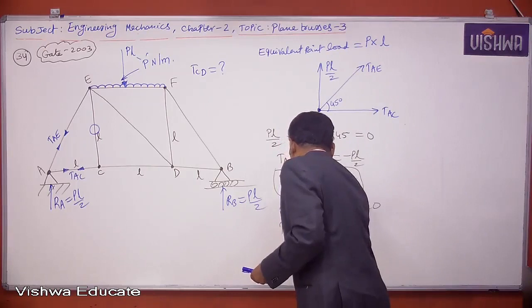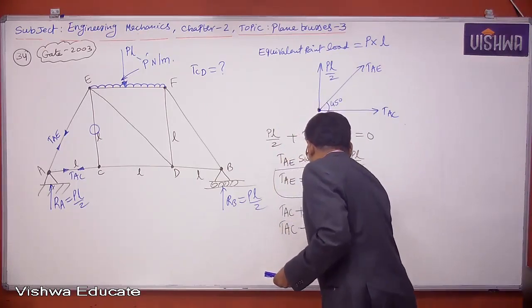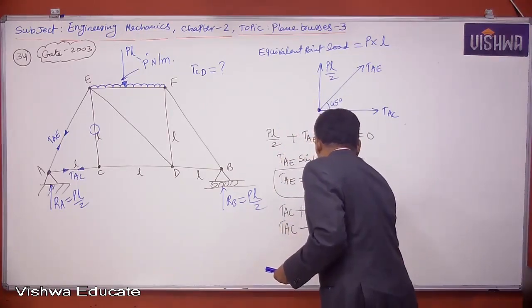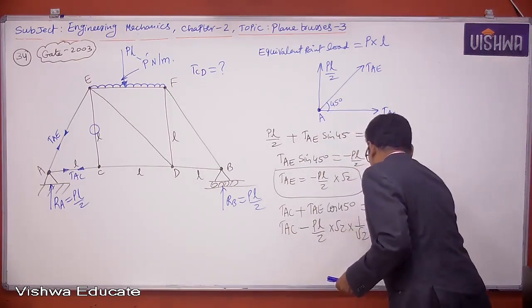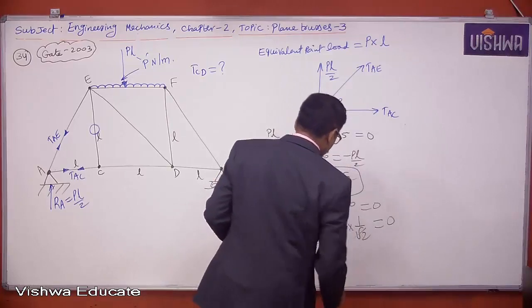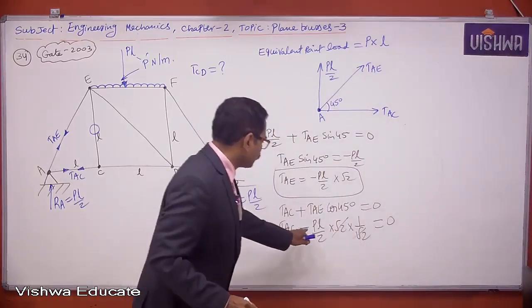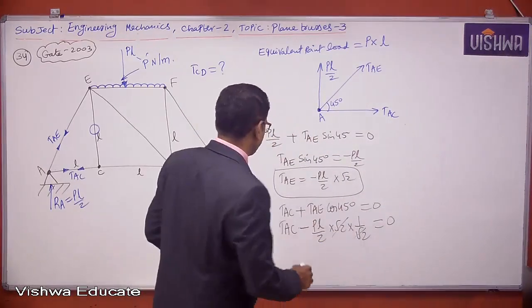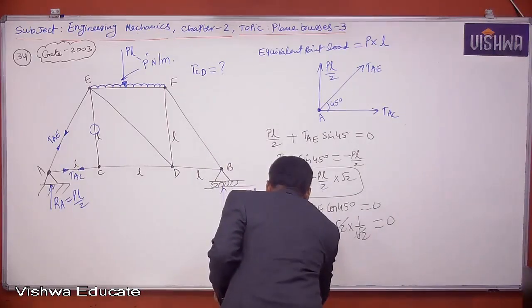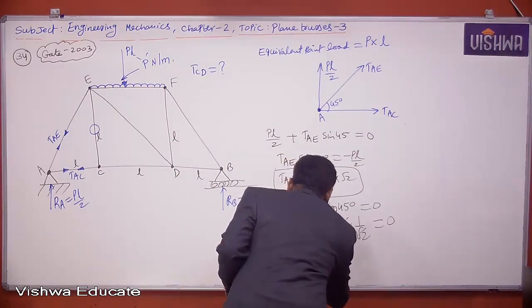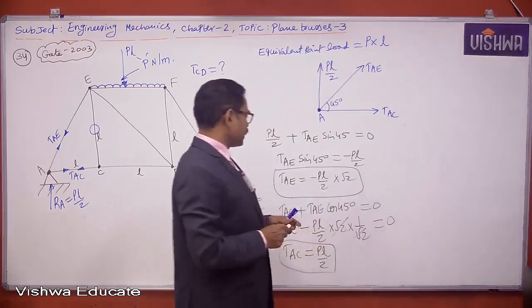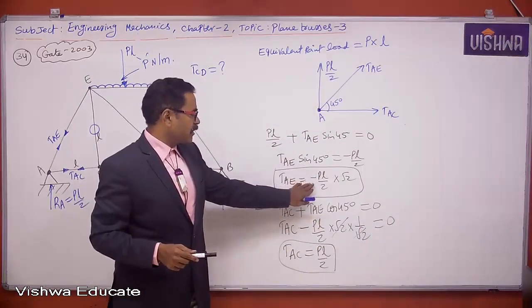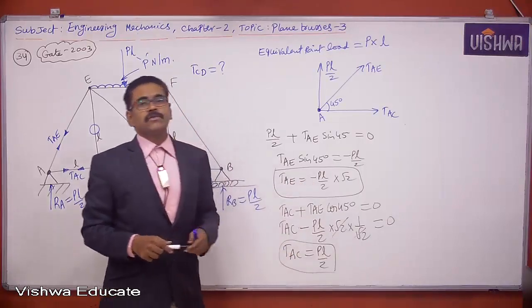So TAC plus minus PL by 2 into root 2 into cos 45, which means 1 by root 2, equals 0. Root 2 is cancelled. On bringing minus PL by 2 to the other side, it becomes plus PL by 2. So TAC is equal to PL by 2, and TAE is minus PL by root 2.